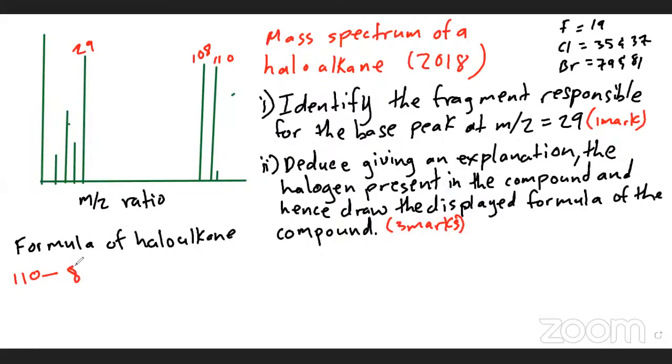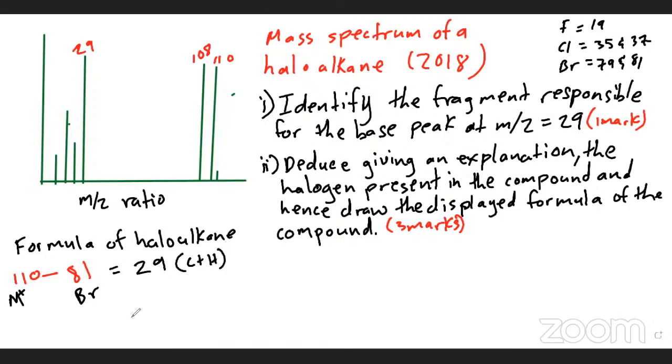Remember, with 110 minus 81, what we are working out is the amount of carbons. The 81 is the mass of the halogen, and the 110 is the mass of the molecular ion. And we get 29. 29 is carbon and hydrogen.